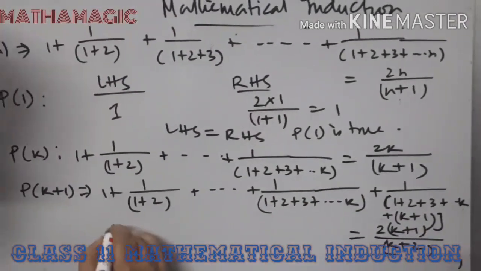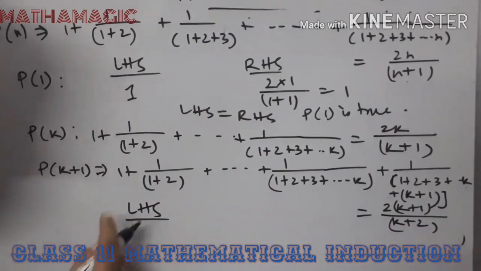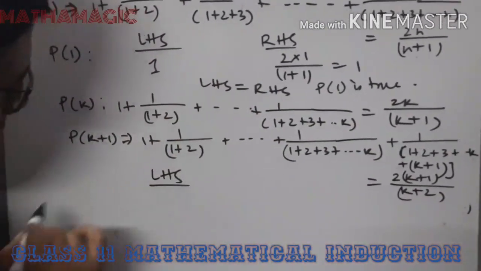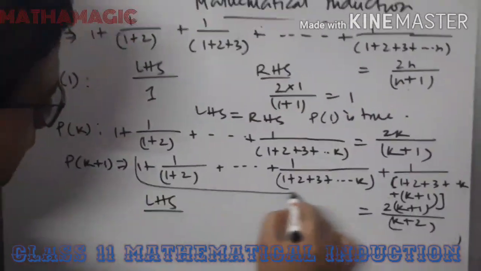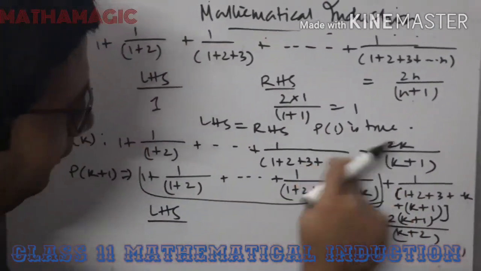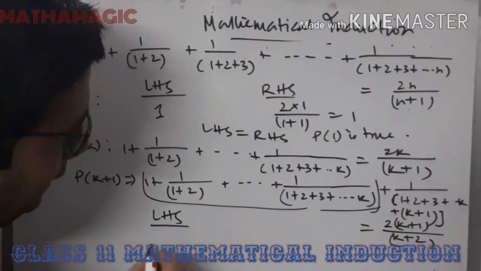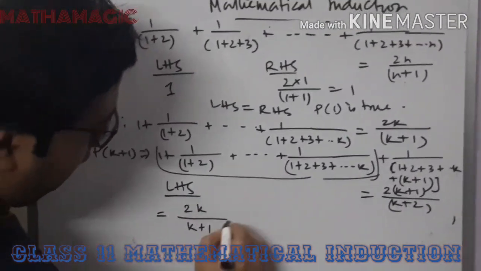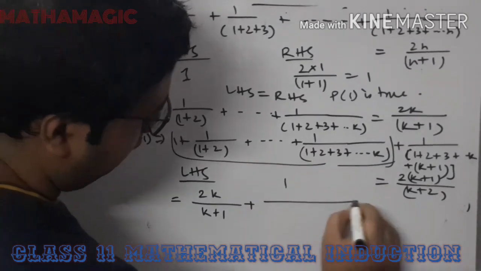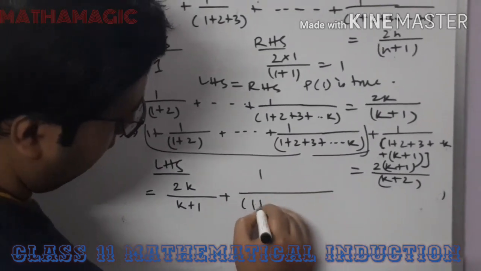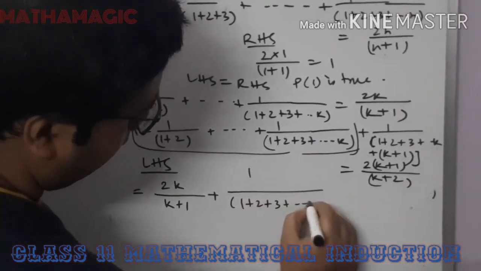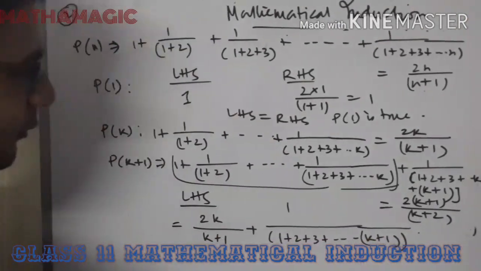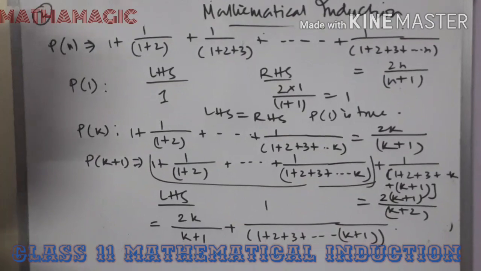So we will just start with the LHS. In case of LHS, I am not copying the LHS totally. You just try to understand that up to this term, we already have a value, that is 2k by k plus 1. So we will just put that value 2k by k plus 1. Now in place of this one, we will write whatever is given up to the k plus 1 term. So we have the formula to find the value.